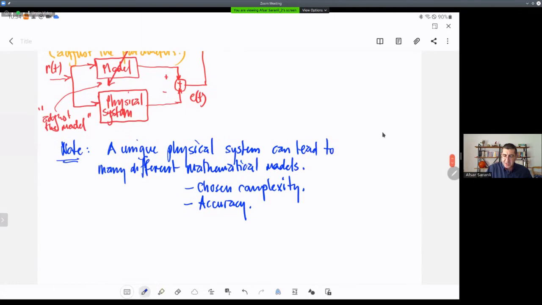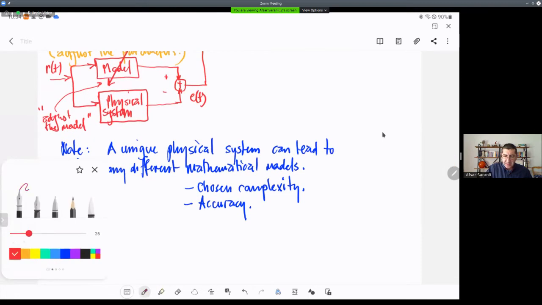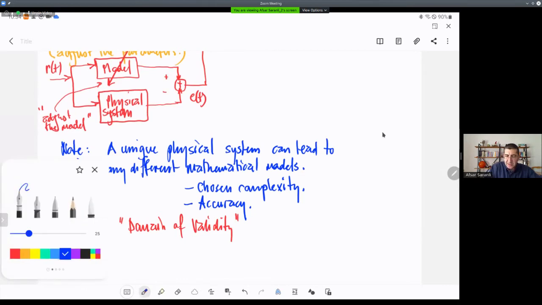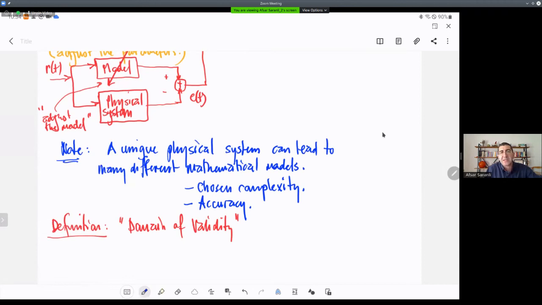There is a corresponding definition. A model has a domain of validity. Okay? A domain of validity. Basically, this is an operational range within which the model is accurate enough. Okay?